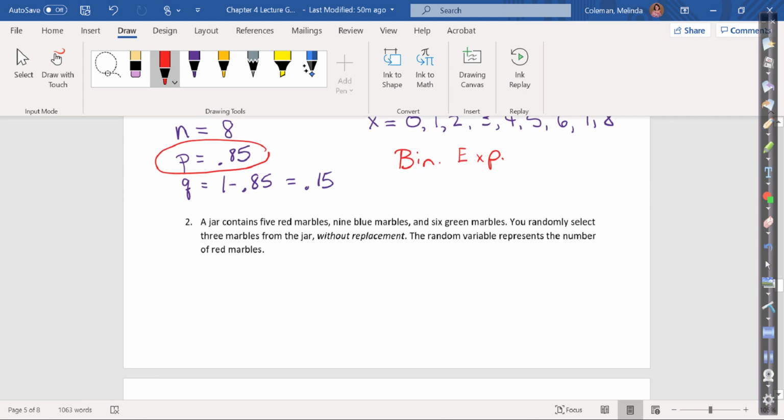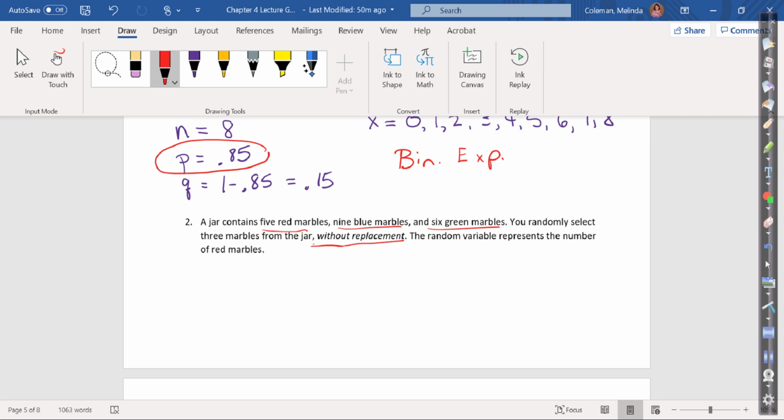Number 2, a jar contains 5 red marbles, 9 blue marbles, and 6 green marbles. You randomly select 3 marbles from the jar without replacement. The random variable represents the number of red marbles.